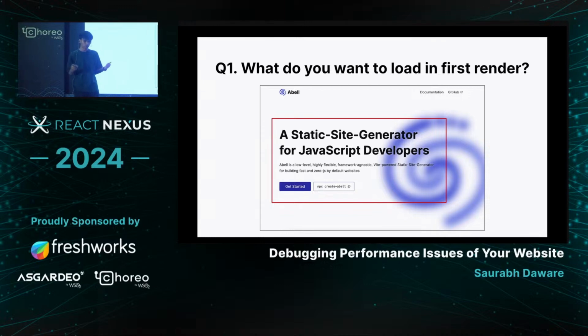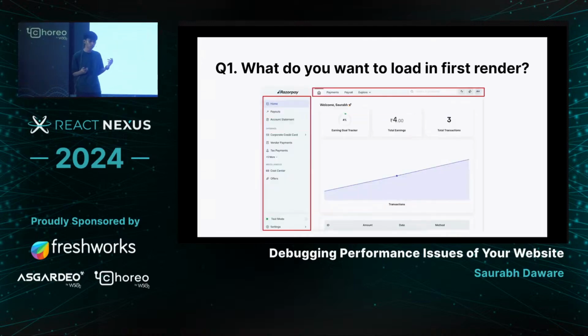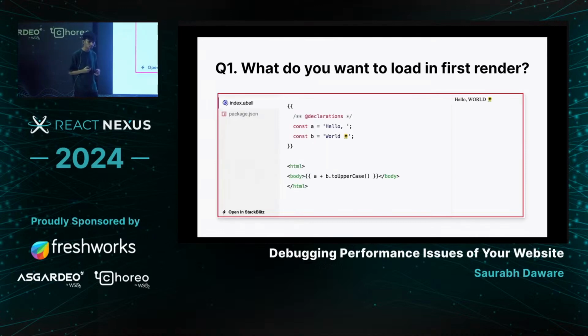For example, the first question you should ask yourself is, what do you want to load in the first render? In a landing page context, I want to load my title, my CTAs, and some of the initial important things. In a dashboard, I want to load the side nav and the top nav. The content can make an API call and get the user data, but the side nav and top nav, if static, should load at the first render itself.